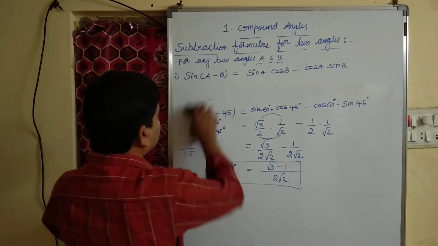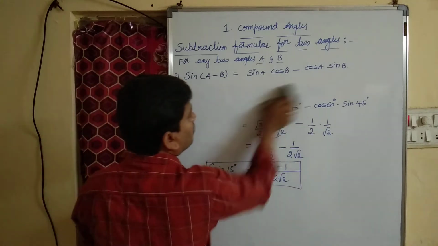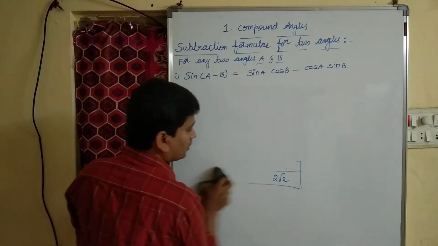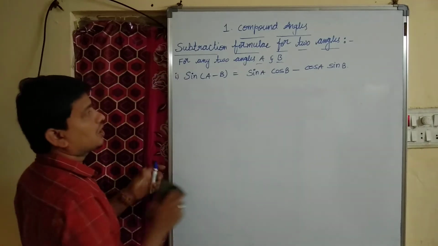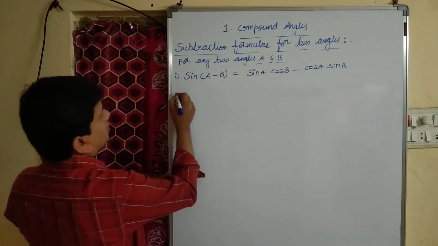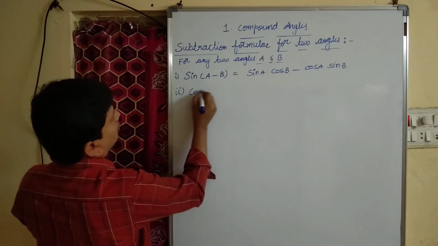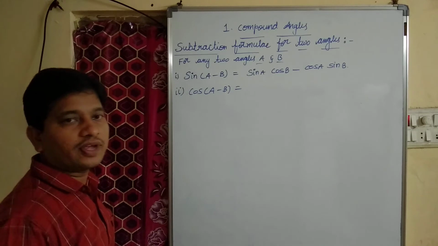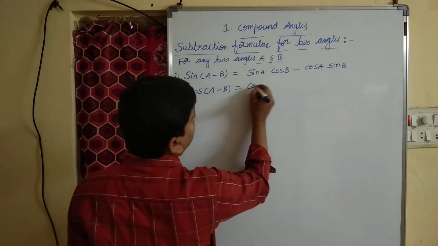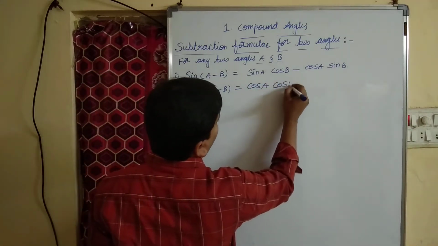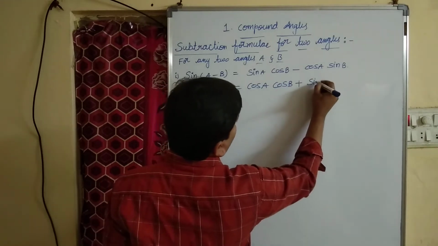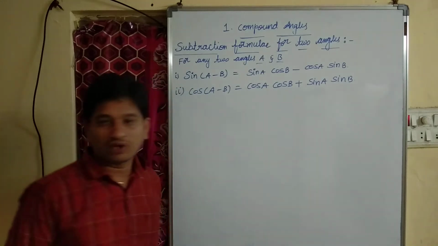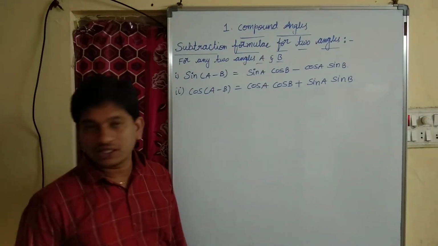Now coming to the second formula, that is cos of A minus B. Cos(A minus B) equals cos A cos B plus sin A sin B. What is the formula of cos(A minus B)?